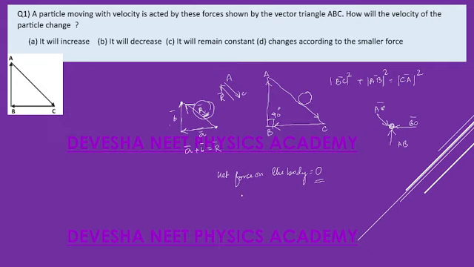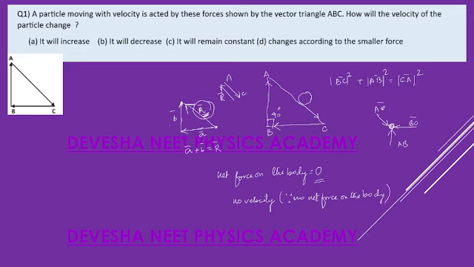So in that case, if there is no force on this body, then there will be no change in velocity. No velocity change, because there is no net force on the body.